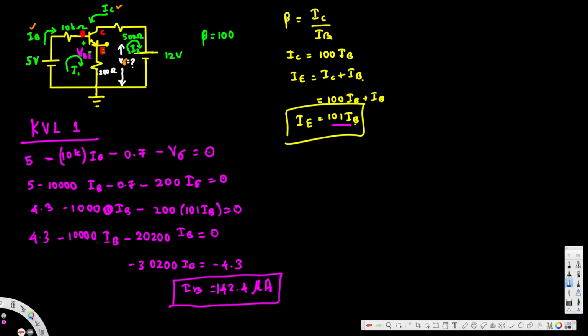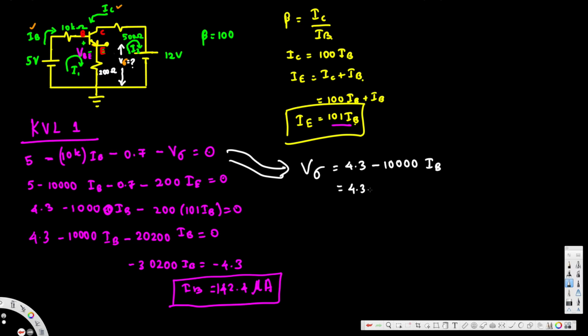Now we had to find what V sigma is. To find V sigma, 4.3 minus 10,000 IB, and we know that IB is equal to 142.4 microampere.